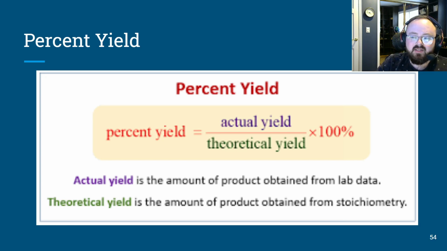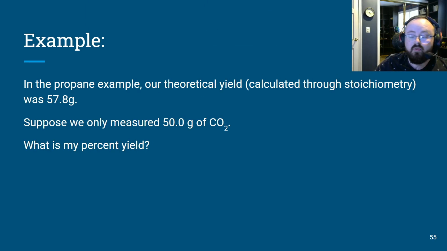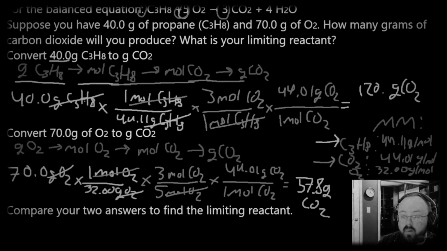And the percent yield is a very quick and easy formula that just tells me how much did I get divided by how much I should have gotten. So with this example right here, we did the propane example a few questions ago, and our theoretical yield should have been 57.8 grams. That's how many we should have gotten.